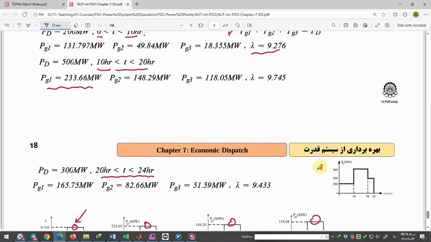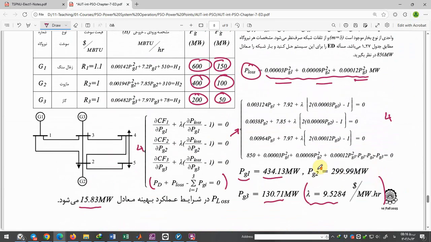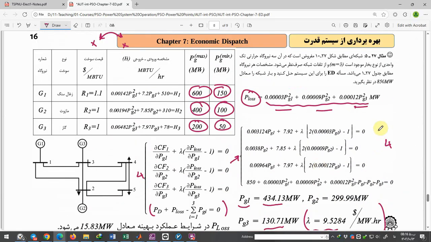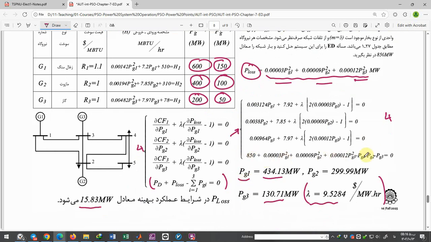In the final exam, I realize that finding the solution of the losses is not easy.